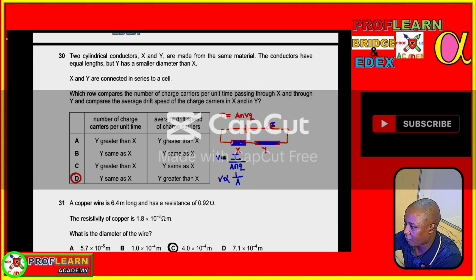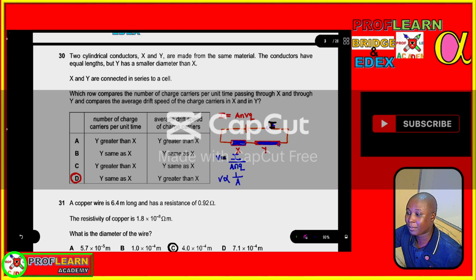How do we define current? It is the rate of flow of charge. So the number of charge carriers per unit time is going to be the same because the same current is passing. So that's why I selected option D.